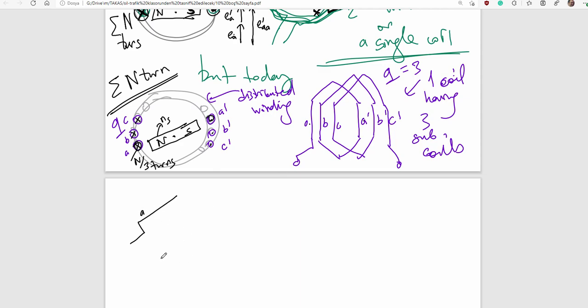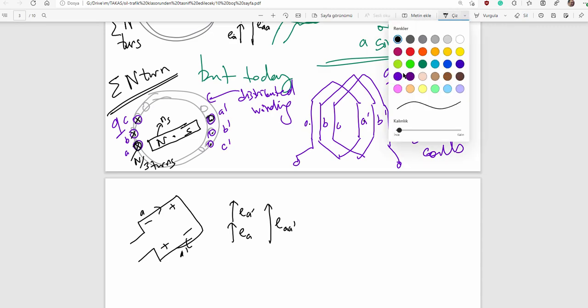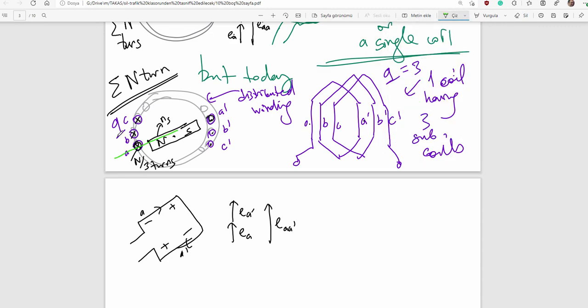The sides A and A prime are just opposite, so the induced EMFs will be like this: EA prime, and totally construct EAA prime. The phase difference between those two is gamma electrical.